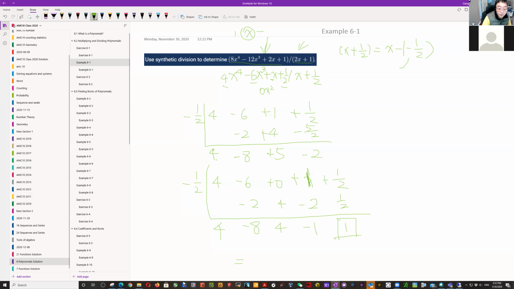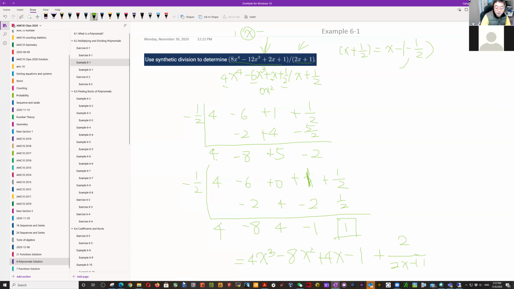So the quotient is going to be 4x squared, not x squared, 4x. When you divide by the linear factor, it's going to be x cubed, then minus 8x squared plus 4x minus 1. And then because we scaled everything down by 2, we have to scale up again, so it is 2 over 2x plus 1.